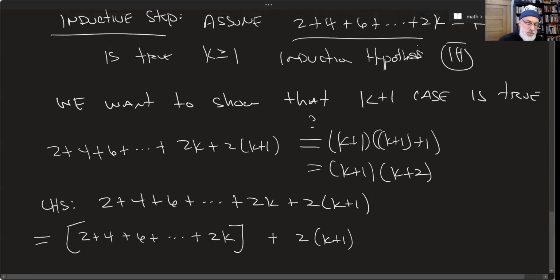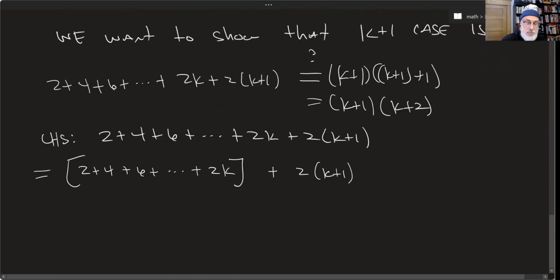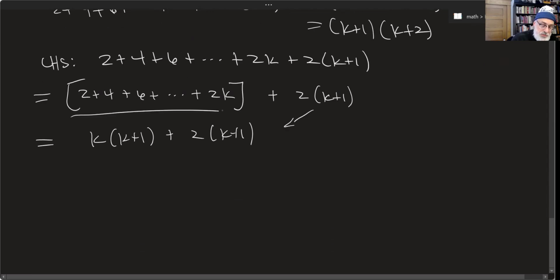I made the assumption up here that 2 plus 4 plus 6 all the way up to 2k is equal to k times k plus 1. So I'm going to assume that's true and then use it and say this is equal to k times k plus 1 plus 2k plus 1. So I'm moving this term here. I'm substituting this by the induction hypothesis, by IH.